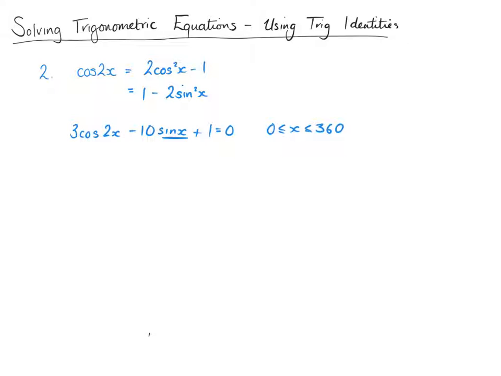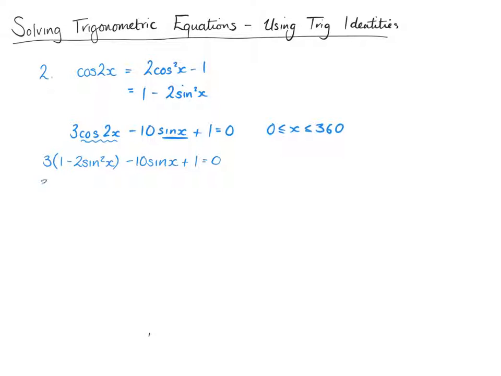So that means that we've got to change the cos 2x into sine x. If we replace it with the one that includes sine squared x, we get 3 brackets 1 minus 2 sine squared x, minus 10 sine x plus 1 equals 0.